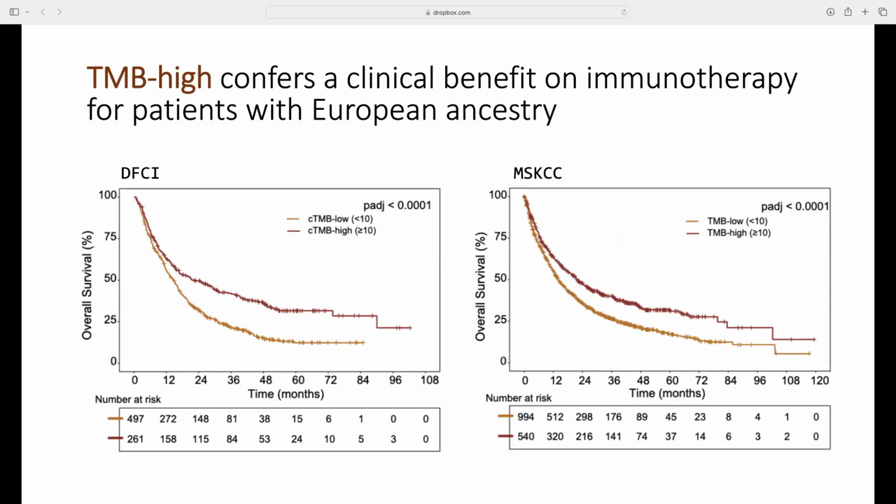The reason why this is a biomarker is that individuals who have true or corrected high tumor mutational burden do indeed have longer survival on immunotherapy. For this, we went to two different cohorts, one at Dana-Farber, one at Sloan Kettering, and we see in both, TMB high is associated with longer survival. This is great. This is the expectation that we have for this biomarker.